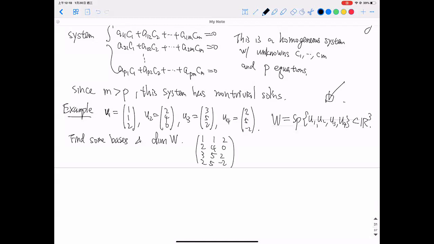You transpose these vectors into row vectors and put them into a matrix, and then pick suitable row operations to get it into reduced row echelon form, which in this case is the following.